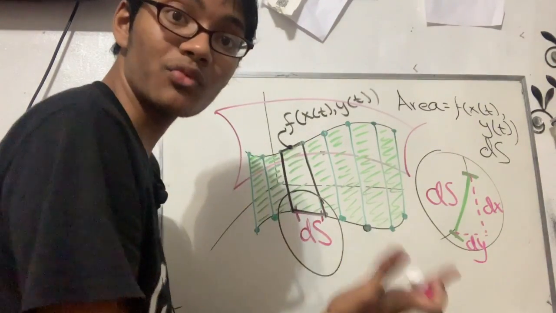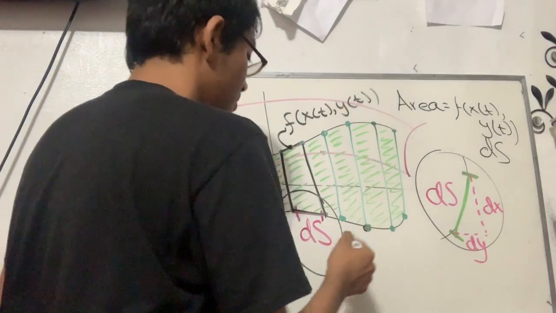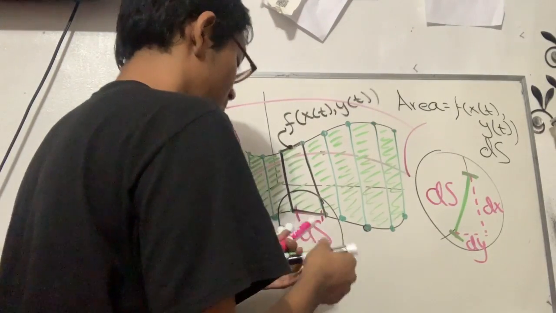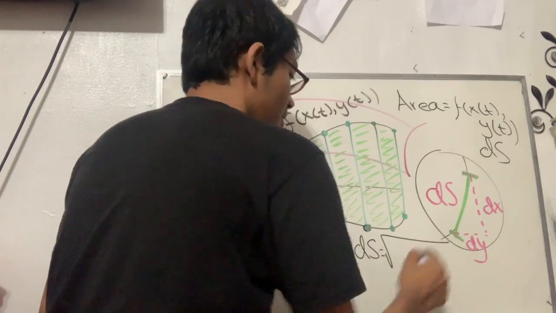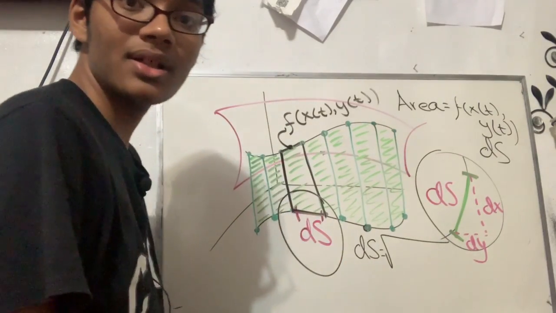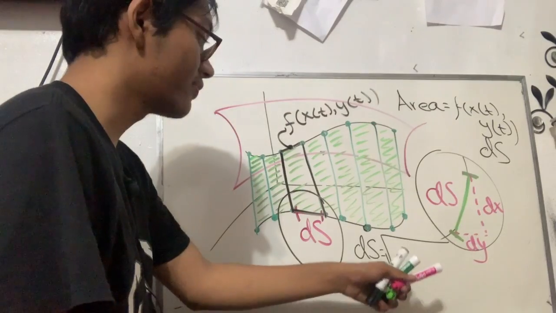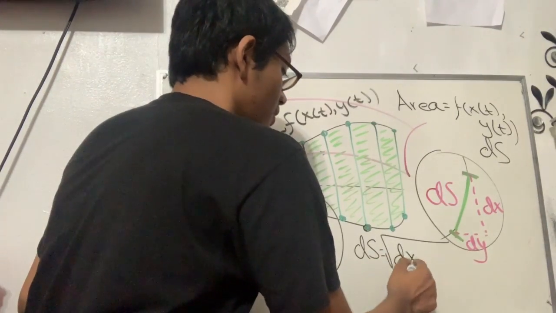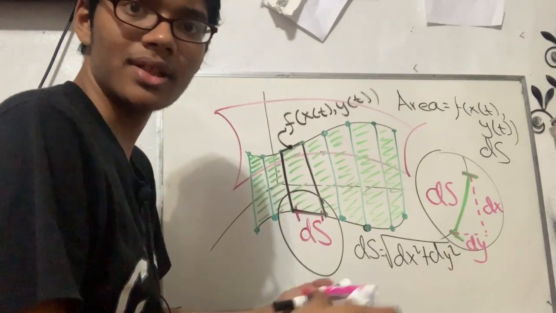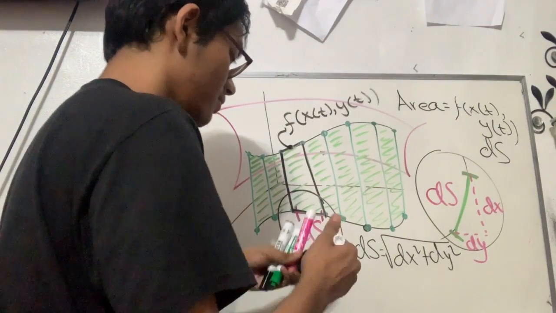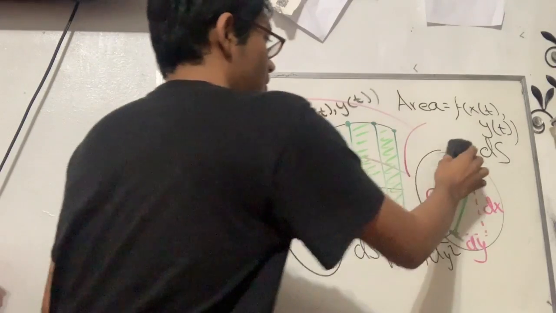So that means we can just write the Pythagorean Theorem, right? And what does the Pythagorean Theorem tell us? It tells us that ds is simply going to be the square root of dx squared plus dy squared. Pretty simple.